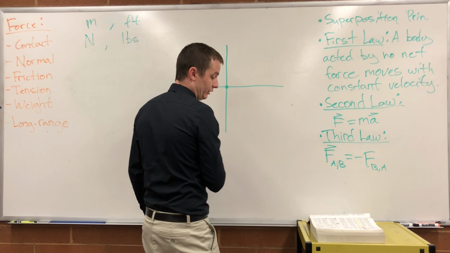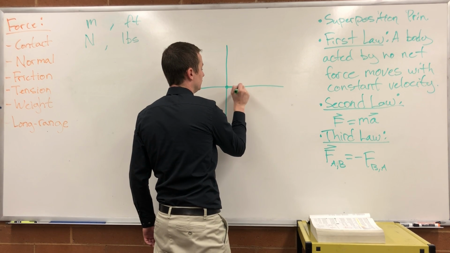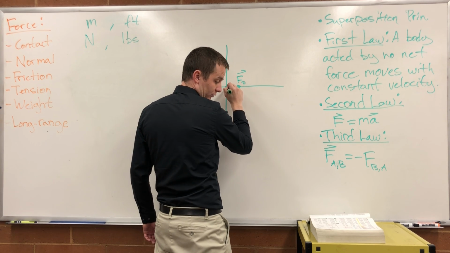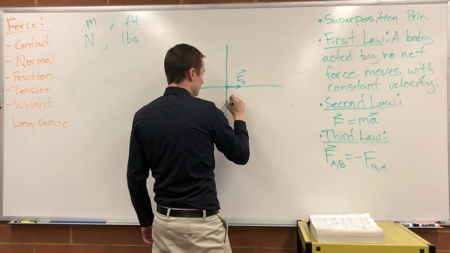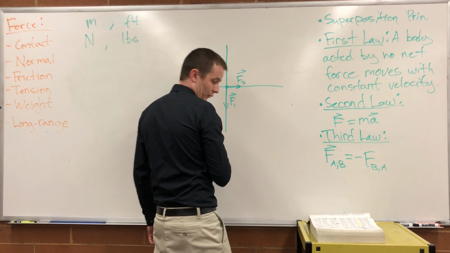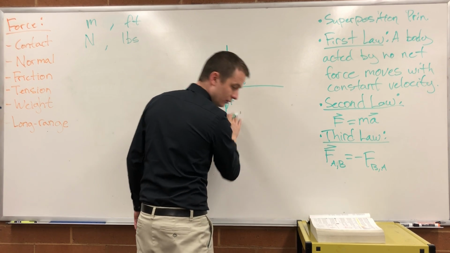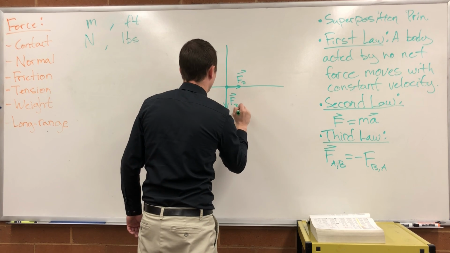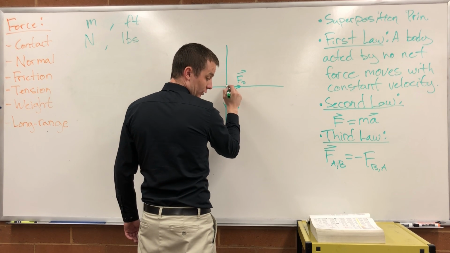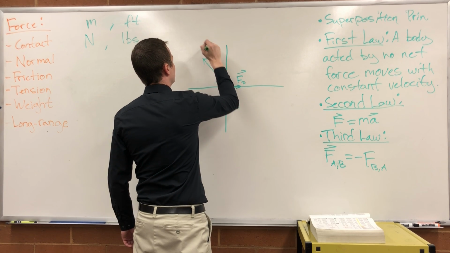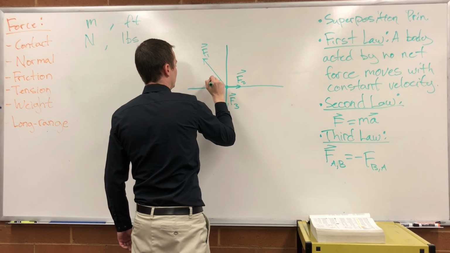We have one wrestler pulling this way. We call that F2. We have one wrestler pulling down, F1, and we have one wrestler pulling at an angle of 53 degrees. This was F3. Here's F1, and this is 53 degrees.